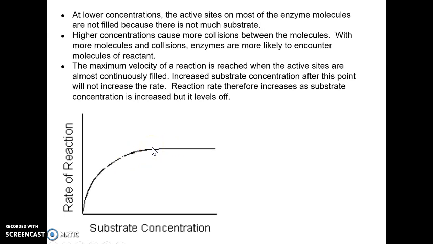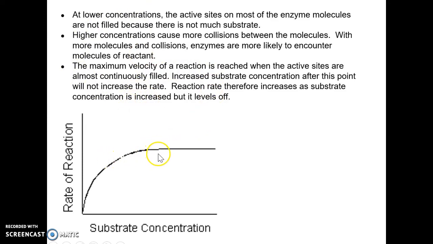And that line represents when every single active site has substrate in it. So it just makes sense that if there are no more active sites for substrate to bind to, then you can't continue to increase the rate of reaction. And so it makes a lot of sense why an increase of substrate is going to increase the rate of reaction and only up to some maximum rate of reaction.